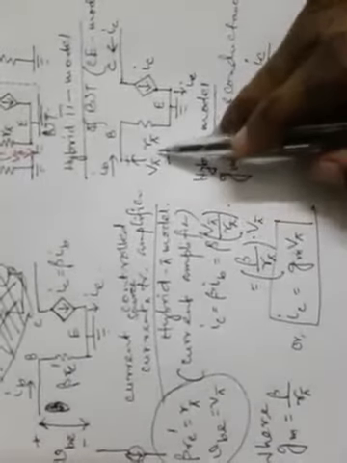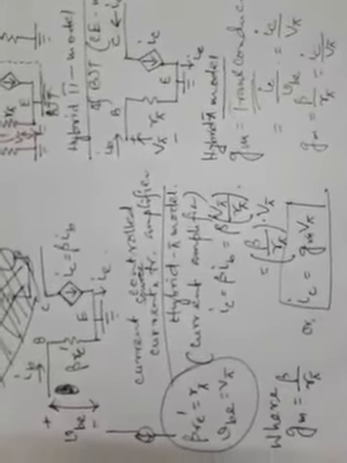In the hybrid pi model we have replaced VBE with V pi. So this is IC by V pi. So in this model this GM, which is found as beta by R pi, is nothing but IC by V pi.